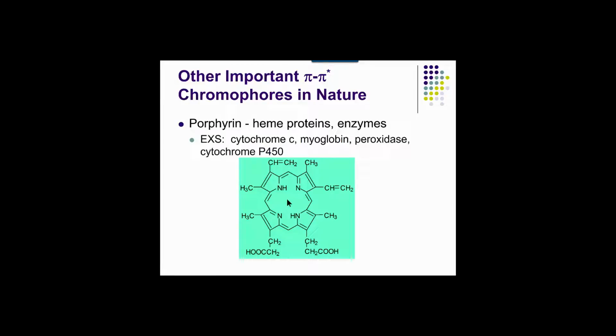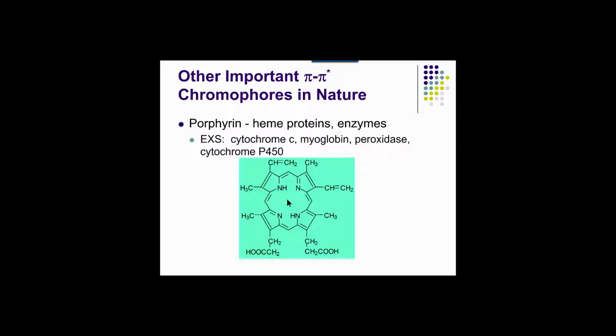Hemes tend to form octahedral geometries, and this comes out of a discussion of ligand field theory. The axial ligands that it binds in proteins are amino acid residues from the polypeptide chain, and that polypeptide chain usually wraps itself around the heme group, so the heme group is generally buried in the center.